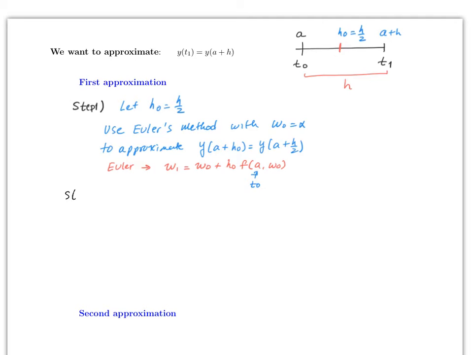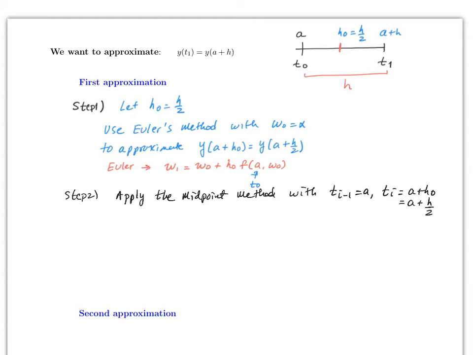Now in step 2, you're going to apply the midpoint method, with t(i-1) equal to a, and t(i) equal to a plus h0, which is the same thing as just a plus h over 2.